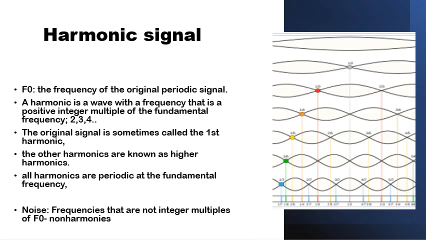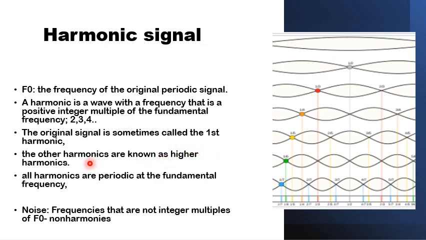If the fundamental frequency of a certain voice is, say, 100 Hz, then all waves with frequencies that are positive integer multiples of this fundamental frequency, like 200 Hz, 300, 400, or 500, would be termed harmonics. Collectively, they will be termed higher harmonics.